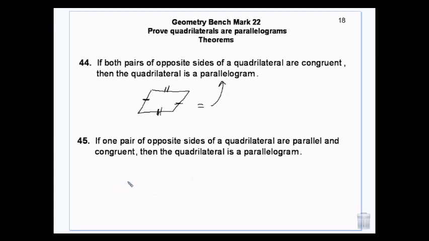If we have something like this, and let's call this ABCD, and if AB and CD are congruent and AB is parallel to CD, then it's a parallelogram. So you have to have one or the other. You either have to have both pairs of opposite sides congruent, or you have to have one pair of opposite sides congruent and those sides are also parallel. Because if that's the case, then it makes it a parallelogram.